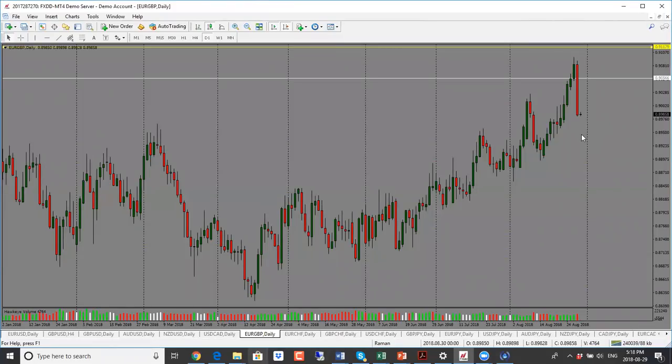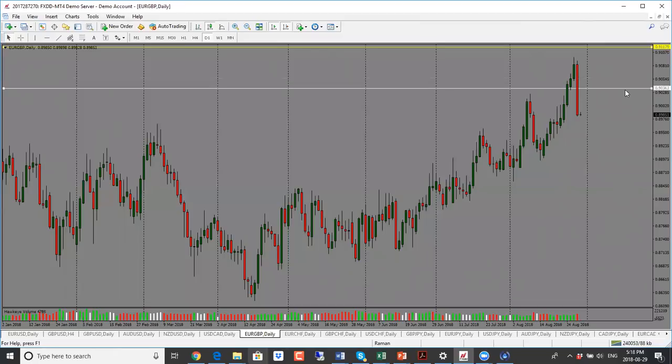Most of the Brexit news when it comes out is usually good for British pound. It doesn't make much of a difference, or it's not good for the Eurozone. So this is what we have been seeing all throughout. So as a result of that, we generally tend to see a big move in Euro pound. So we are seeing a big drop here. So that's a big move to the downside.